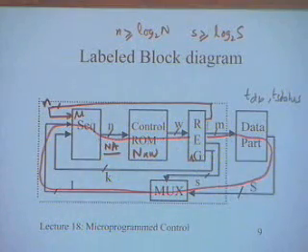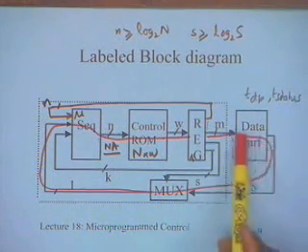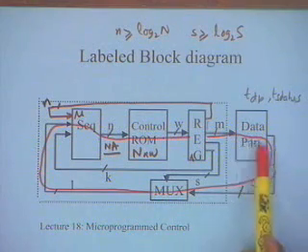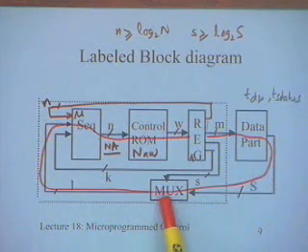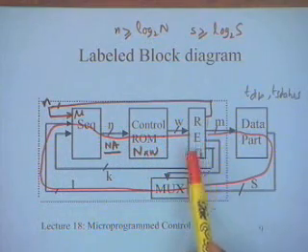This is the path. So this particular path is T status plus T status multiplexer plus T sequencer plus T control ROM plus T register.